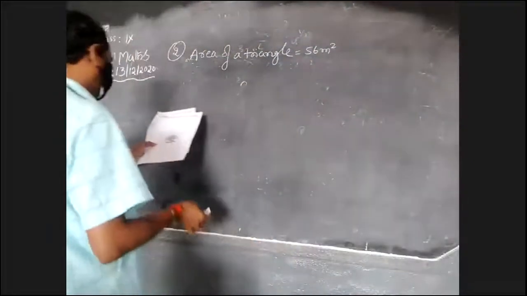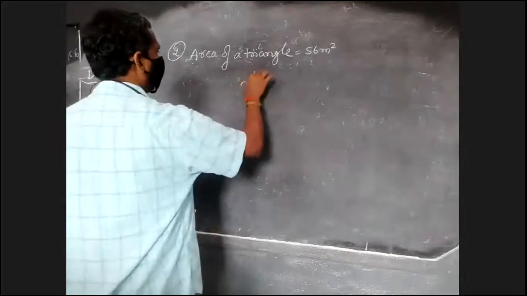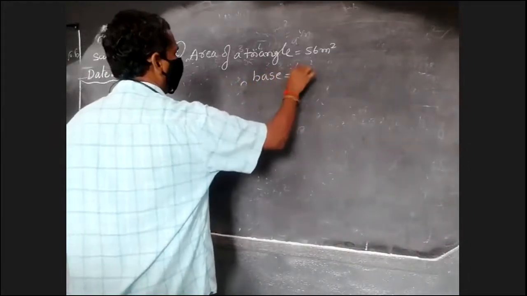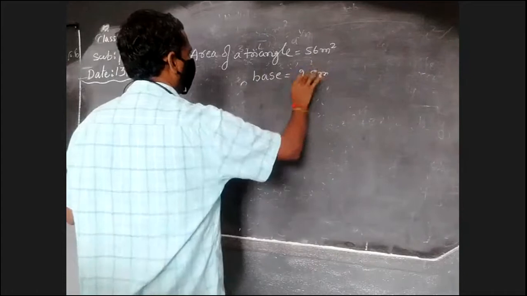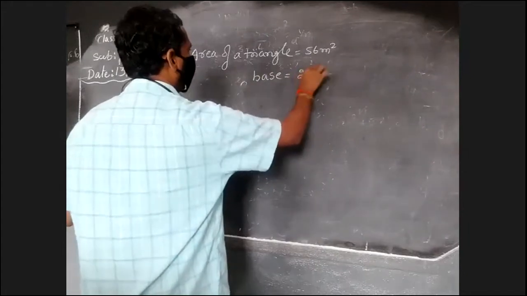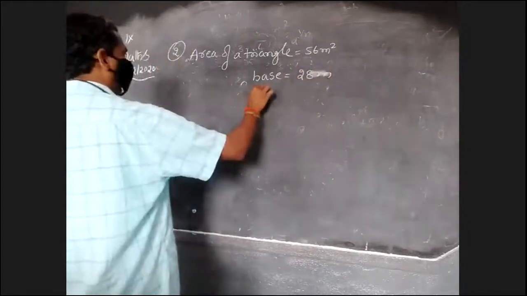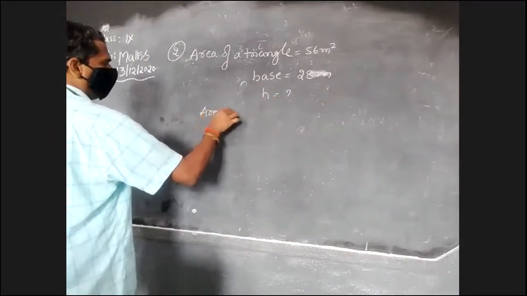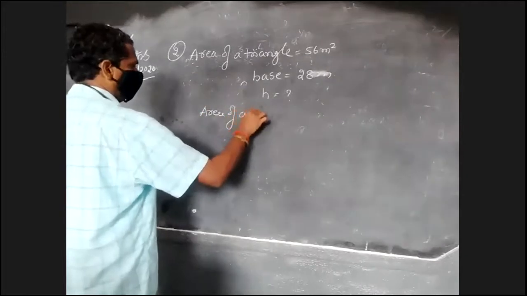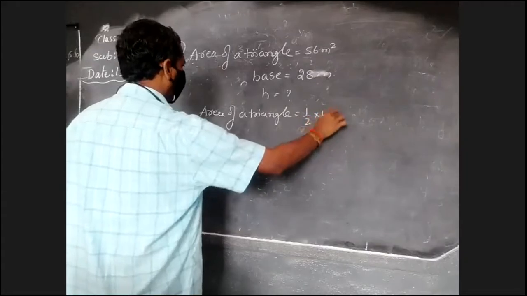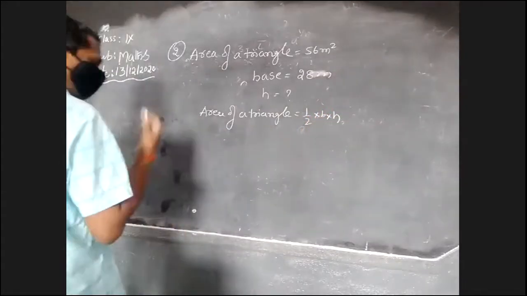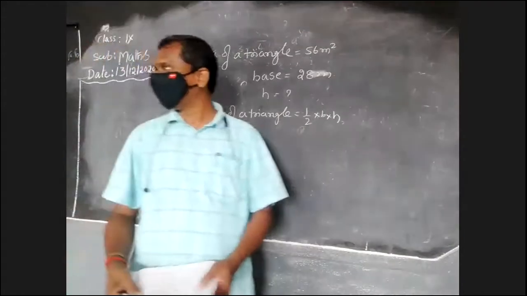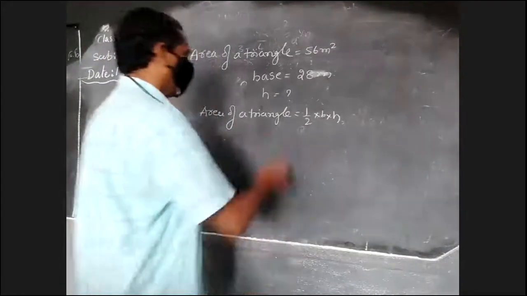Fine. The base is given as 28 meters. That is the mistake. So find the height. What is the area of a triangle? Area of a triangle is half into base into height.